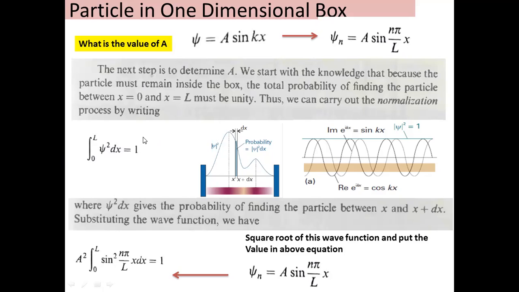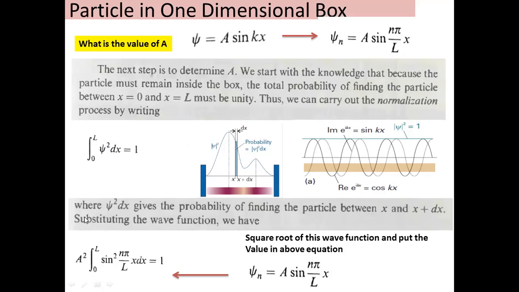As we have said, when you take the square of the wave function, that is called the probability, and the maximum probability is equal to 1, and the limits of the box are from 0 to L. So this is just the understanding of what we are going to do with this equation to find out the value of A.